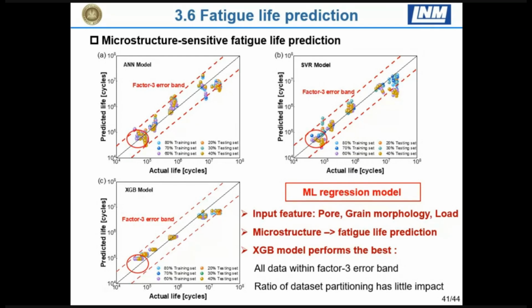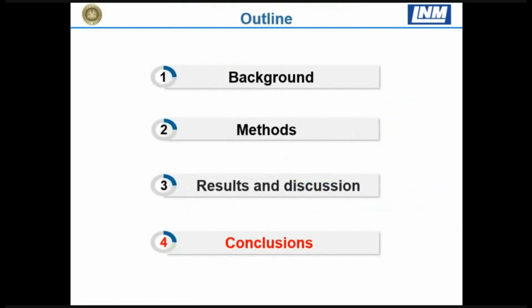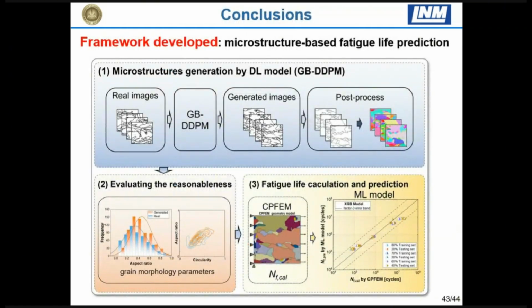Then we use a wide range of machine learning methods, such as artificial neural network, support vector machine, and extreme gradient boosting, to build this framework. And we predict fatigue lifetime and compare with the actual experiment, and I would say, in general, they are in good agreement with each other. So with that, I think I'm almost done.